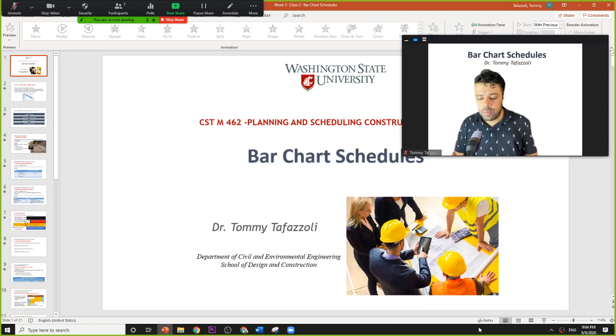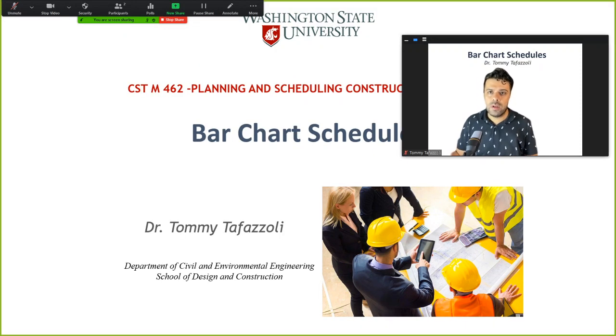So in previous classes, we covered the fundamentals of the construction industry. I tried to provide a general image or a big picture of how this industry functions and where planning and scheduling stands in this industry.